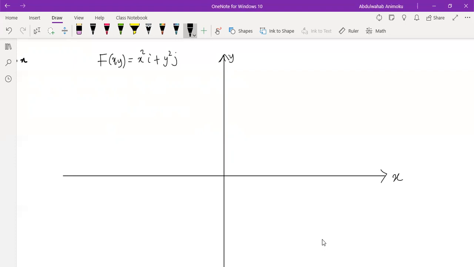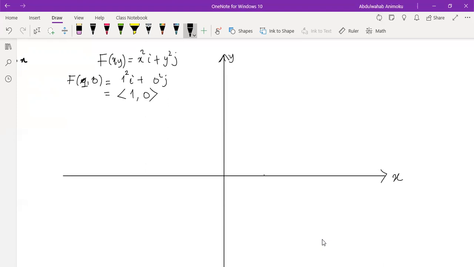So for example, let's say we are looking at the vector field at 1, 0. When X is 1, Y is 0, what does that give us? It will give us 1 squared i, then 0 squared j. So it's just a vector with i component 1 and j component 0.